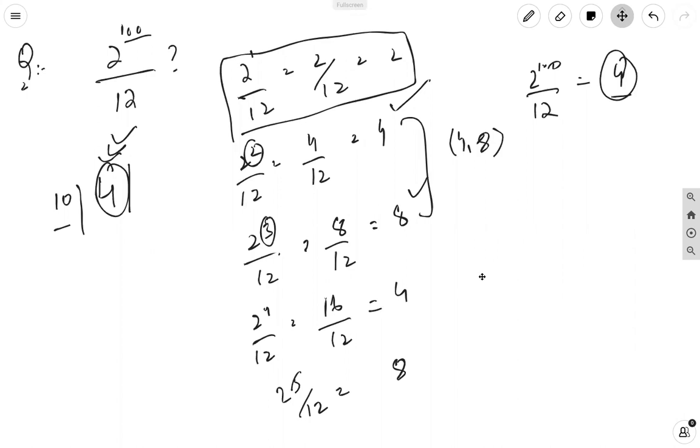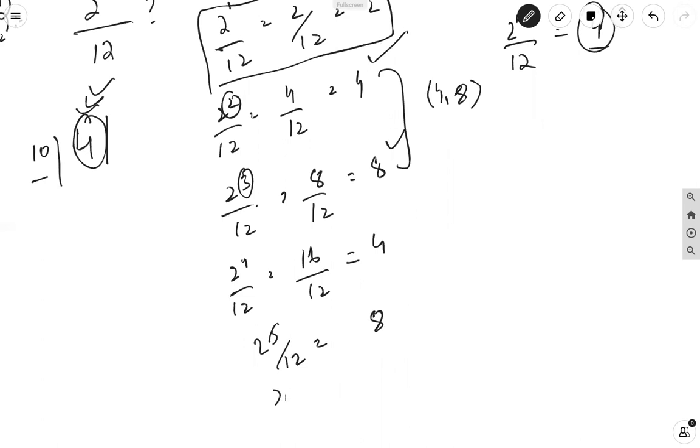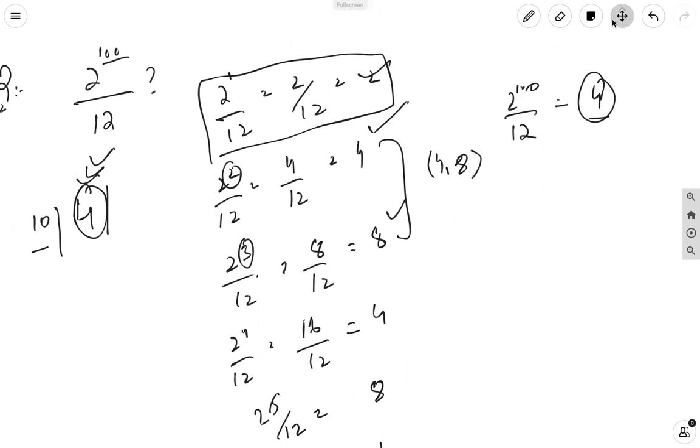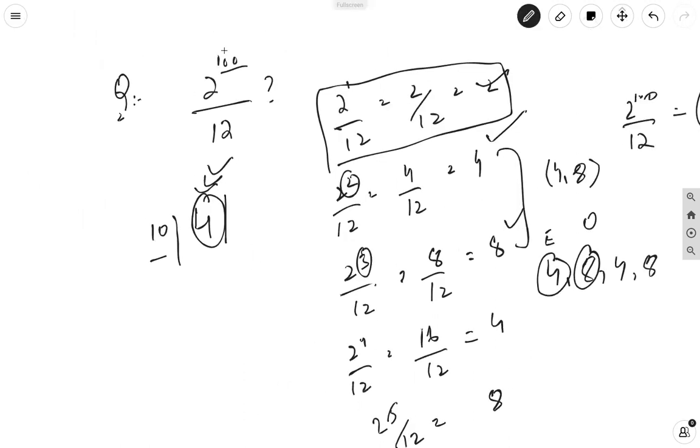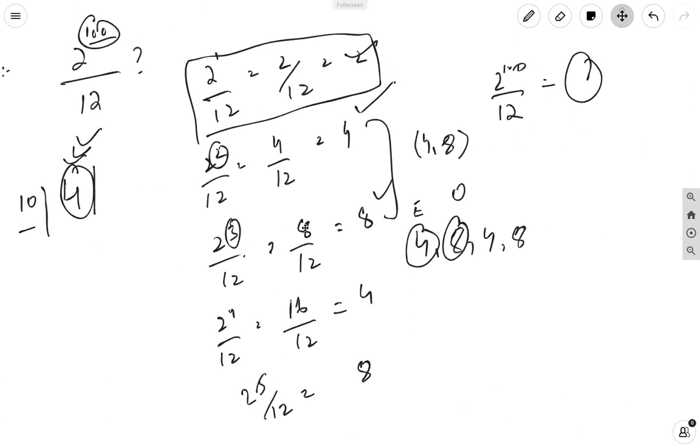Till that I'm clear. Then afterward, if you proceed further, if you take 2 power 6 by 12, again the remainder will be 4. So after the first one, ignore it. After that, you will always get a pattern of 4, 8, 4, 8, 4, 8. So for even power of 2, the result is 4, and for odd power of 2, the result is 8. Our question has an even power, which is 100. So that's why our result is 4. This is from cyclicity.